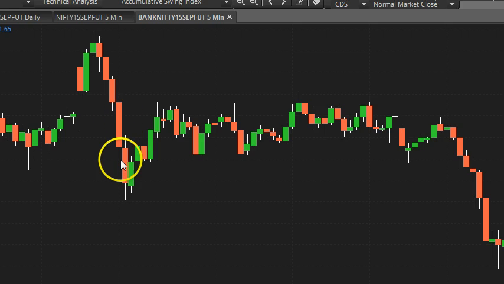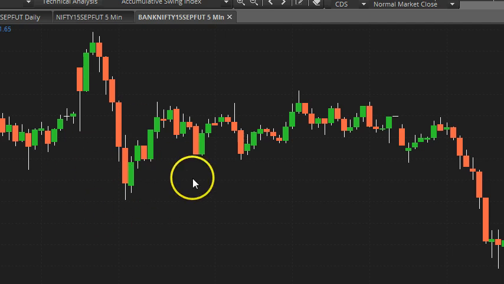So as soon as it breaks lower in the opening hour, you should look to trade on the lower side, and once you're in profit, you'll look to book profits. Today there was not much movement after the breakout to make really good profits.